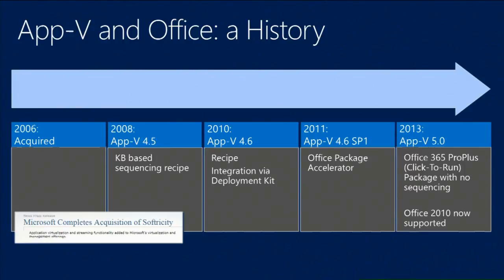As the relationship grew, the recipes became better. And then we also started to give you deployment kits and then also package accelerators. So each iteration, it became easier and easier to create an Office AppV package. And so today I'm going to show you the easiest that you've ever seen, Office 365. I'm also going to show you how easy Office 2010 is in AppV 5.0. It's actually easier than it was in 4.6, and it deploys much simpler.